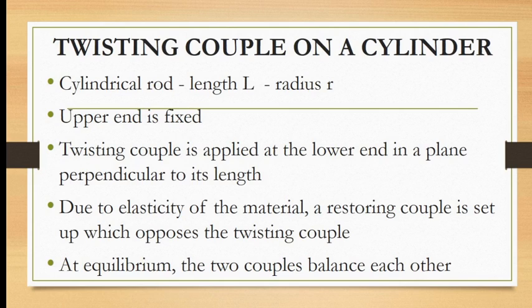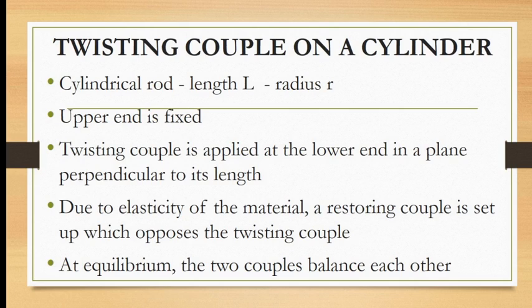So here also we are giving a twisting couple at the lower end of the cylinder, and inside the material a restoring couple is set up which opposes the twisting couple. And you know that at equilibrium the two couples balance each other.